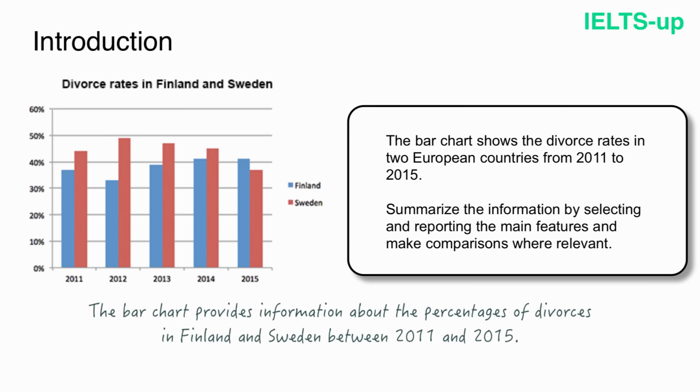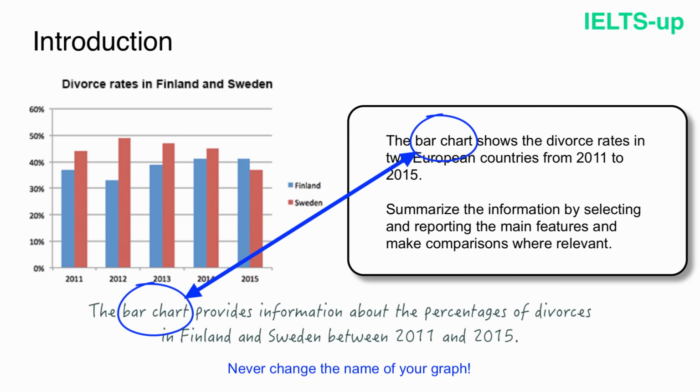The bar chart provides information about the percentages of divorces in Finland and Sweden between 2011 and 2015. You can notice that I did not change the name of the chart, and you should never change the name of your graph too.